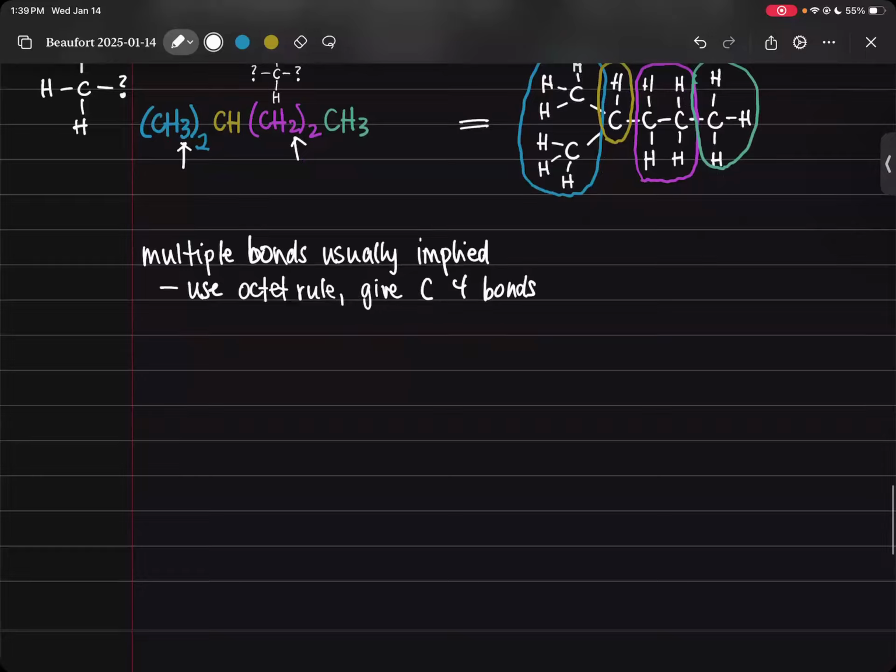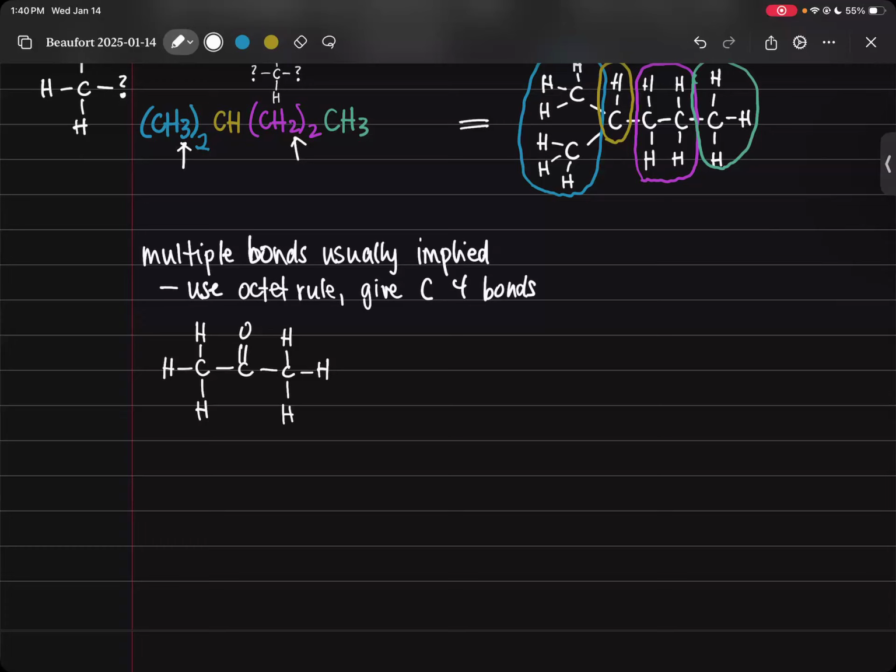So if I give you a condensed structure, actually, I won't do it the correct way. Going in the same direction that I did previously. There we go.